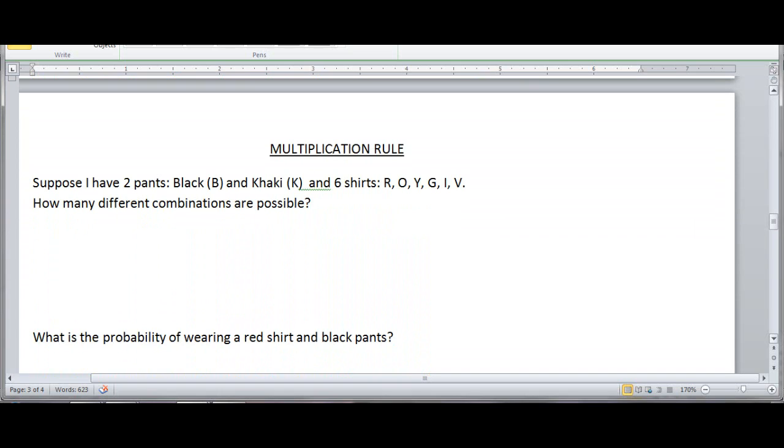So let's suppose I have 2 pants, black and khaki, and 6 shirts, red, orange, yellow, green, indigo, and violet. How many different combinations are possible? Well, I have a pair of black pants, and I have a pair of khaki pants. On the pair of black pants, I can wear these 6 shirts.